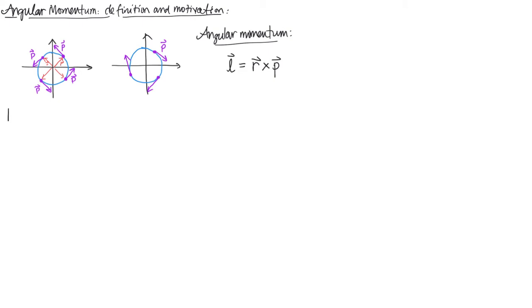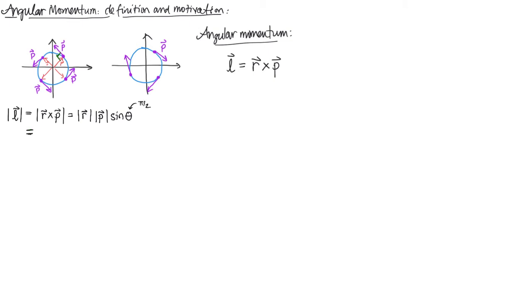So the magnitude of L vector is equal to the magnitude of r cross p. And as we've seen before, that's mag r, mag p, times the sine of the angle in between r and p. Okay, and r and p in particular are perpendicular for uniform circular motion. That's number one. So theta here is pi over 2, or 90 degrees.